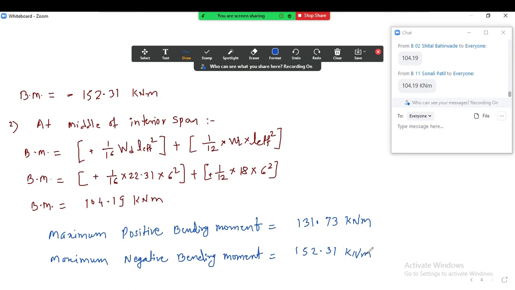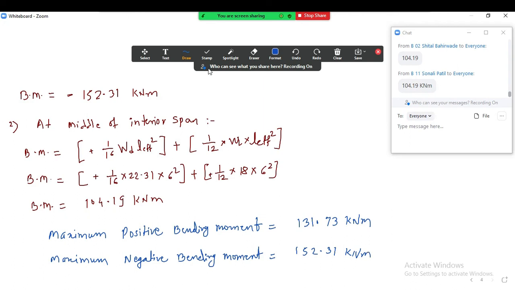Now we will check our depth provided for the maximum bending moment. What is the maximum value out of these two? It is 152. Although it is negative, that is hogging bending moment, it has the maximum algebraic value. So always we check our dimensions for the maximum bending moment.